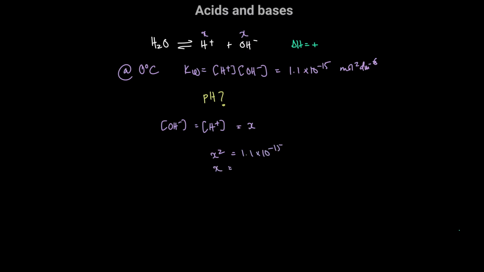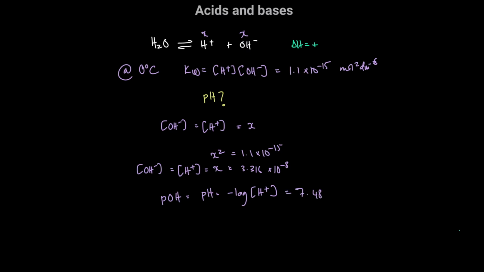So x comes out to 3.316 x 10^-8. This is your concentration of OH- and H+ ions here. So the pH is the minus log of the concentration of H+, and obviously this is equal to the pOH in this case because it's pure water, and this is equal to 7.48.